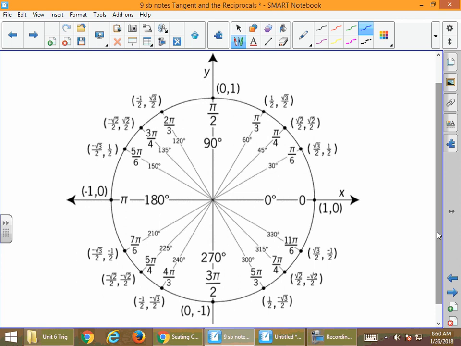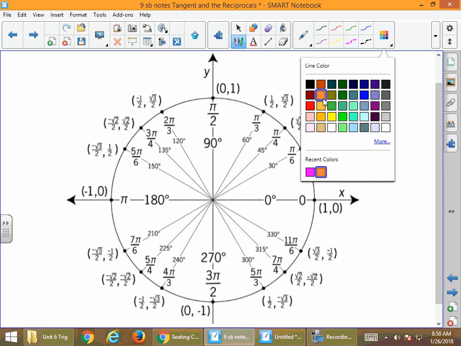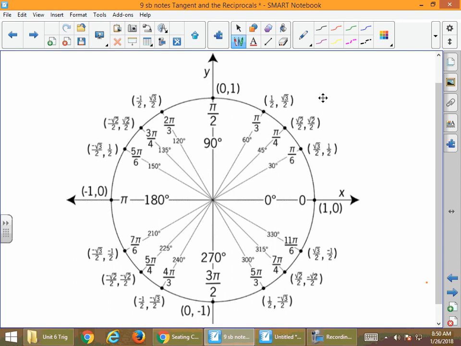So once again, what we had for tangent is that the tangent of 0 is 0. And then the tangent of pi over 6, and you really need to write very small to fit this in, is radical 3 over 3.